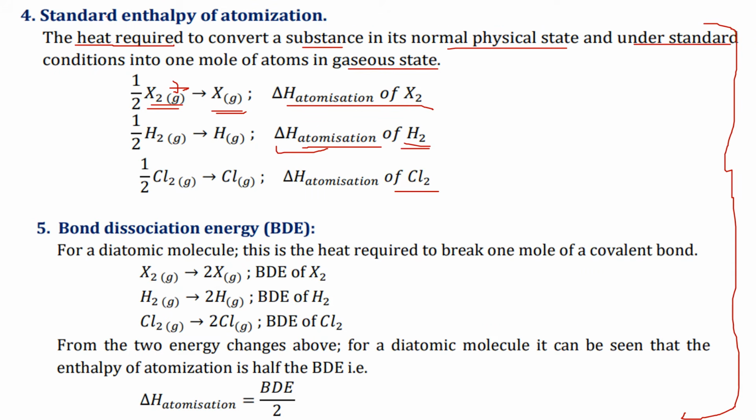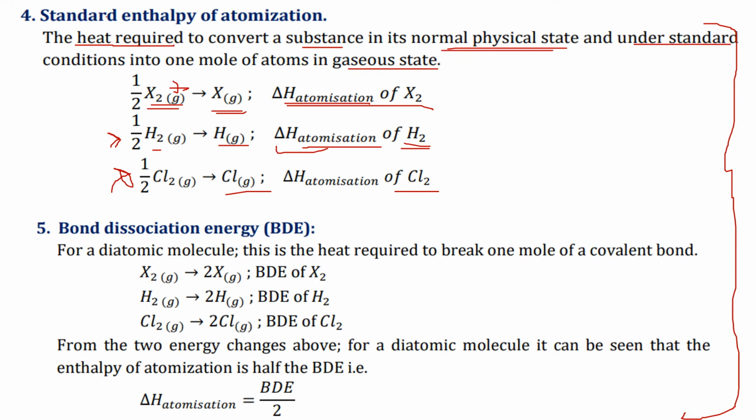So if you want to atomize hydrogen, you must form 1 mole of product. So for us to form 1 mole, that's why you are seeing that you are balancing these equations with a half. So any heat required to convert 1 mole of a substance in its normal state into its constituent gaseous atoms under standard conditions is going to be named as the enthalpy of atomization of any given element.